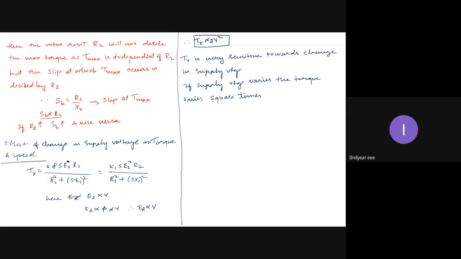Now here, if torque has to be kept constant, then slip increases with decrease in supply.